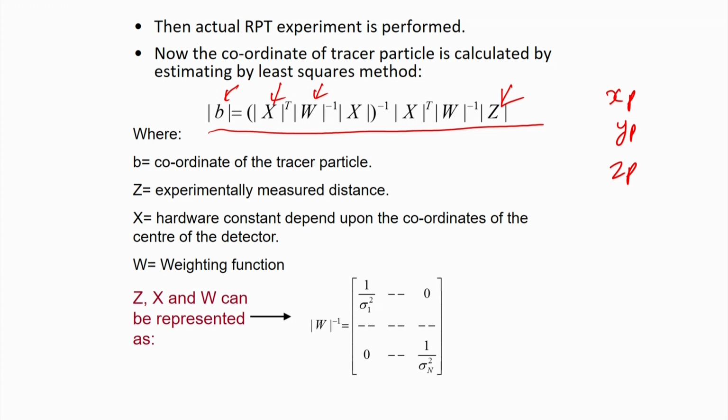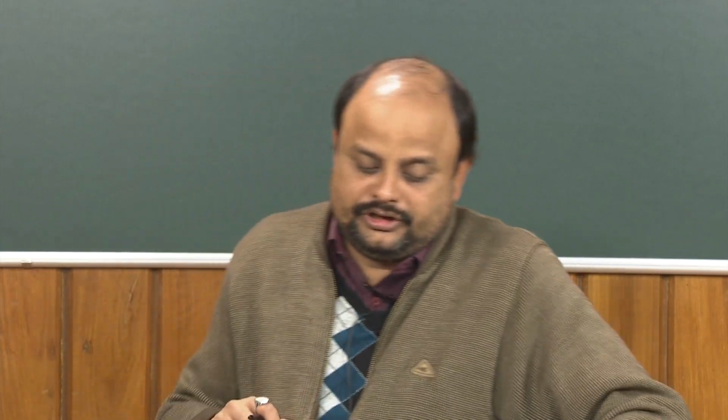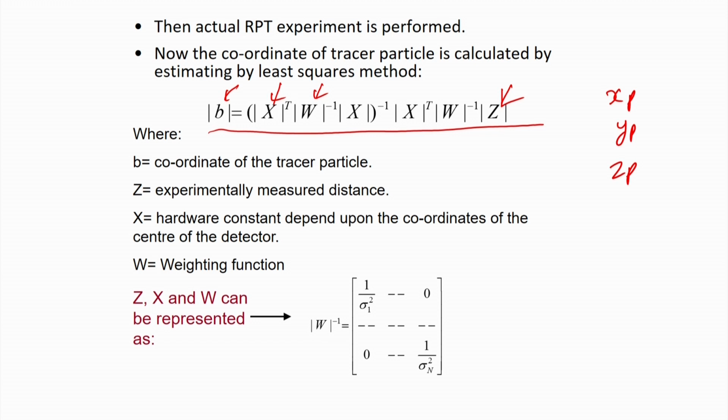If you know the distance from the particle to the detector, which you have calculated based on the lookup table or calibration table, we solve it with the weighted least square method. Wi is defined as 1 upon sigma square, in the form of a matrix which is only a diagonal matrix, only the diagonal components are there, the rest are not. Why? Because only for the detector that is placed there will you get the count, the other detectors you will not get the count.